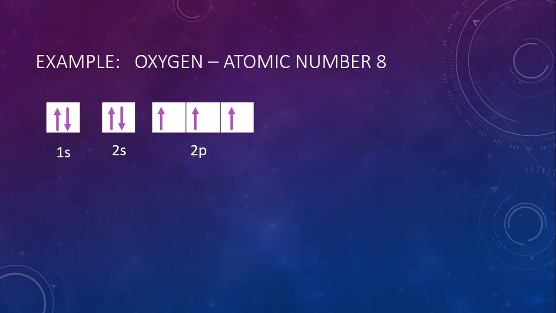So right now we have 2 in the 1s, 2 in the 2s, and then 3 in the 2p. That means a total of, what is that, 7 electrons. We don't have all our electrons represented, so the next thing we're going to do is add 1 more, but then now we get to double up. I'm going to double up by putting 1 in that first box.